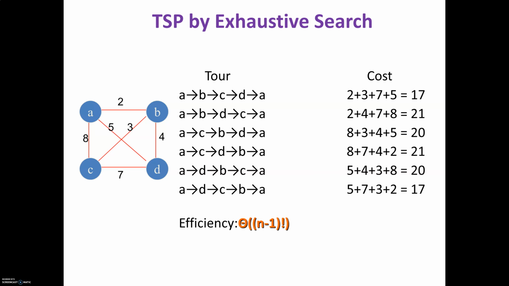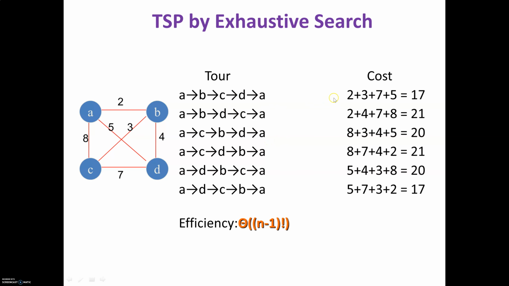Start with A. He can go to B, C, and then D, then he can come back to A. This is one option. Like that, the remaining is 3, so 3 factorial: A, B, D, C, then back to A; from A, C, B, D, then he can come back to A.